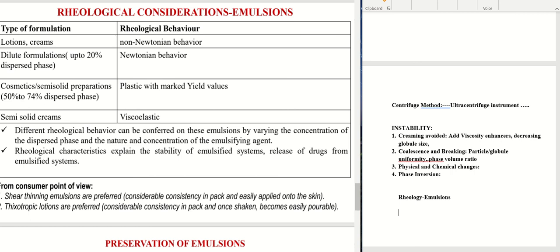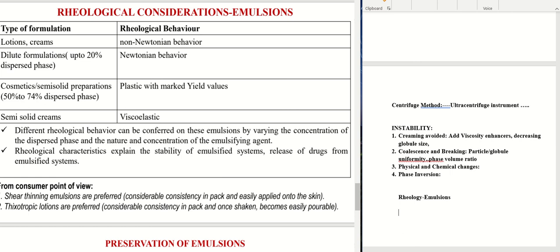For example, when you forcefully pressurize water, the viscosity of the water will not change. When you pressurize a system like a syrup, the viscosity will not change. The viscous nature of the syrup will remain viscous. But few formulations like lotions and creams exhibit non-Newtonian behavior.